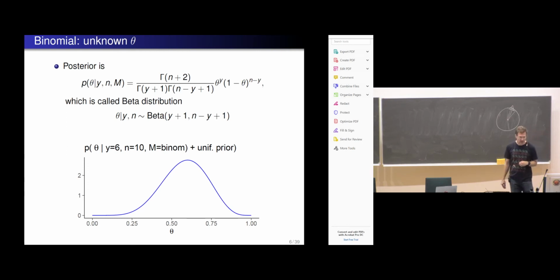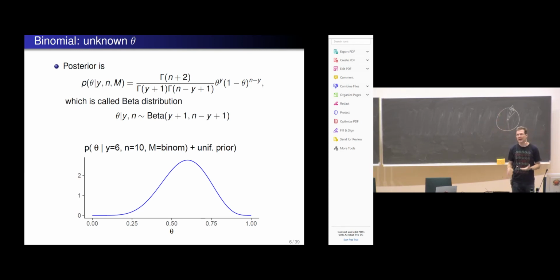You can see the beta getting 2 arguments, y plus 1 and n minus y plus 1. Why is there the plus 1? It's convenience, but we'll also come back later to how it relates to prior information. Now you can imagine that with different numbers of observations we get this posterior distribution in different places.